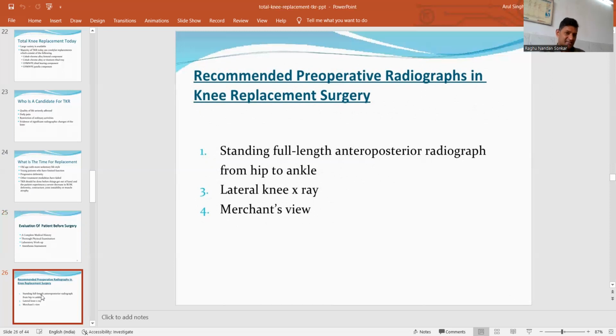A lateral knee X-ray gives additional information about your pathology, your joint deformity, or patellofemoral arthritis. So you should always do a lateral knee X-ray.